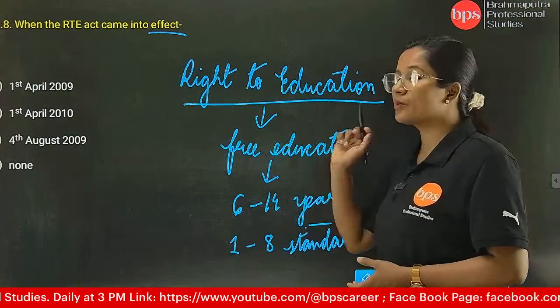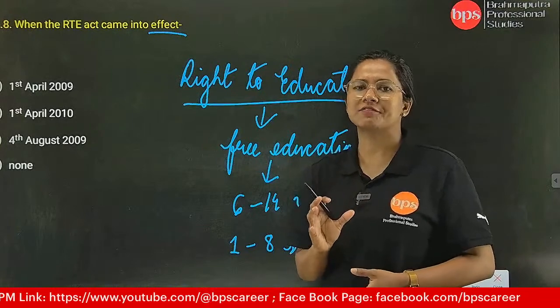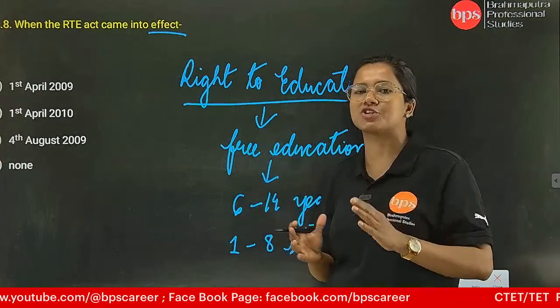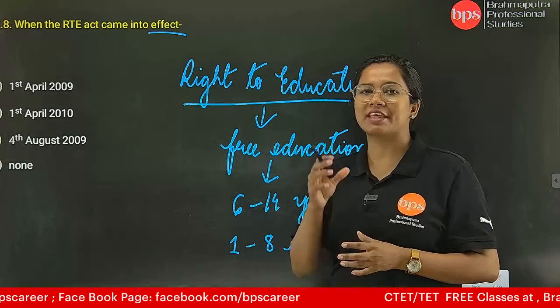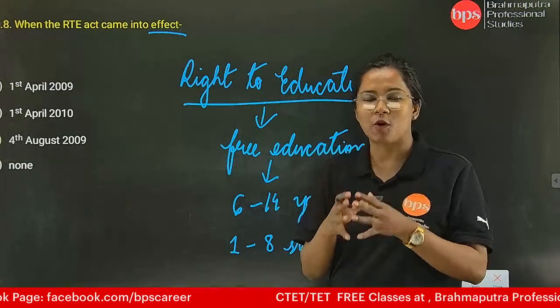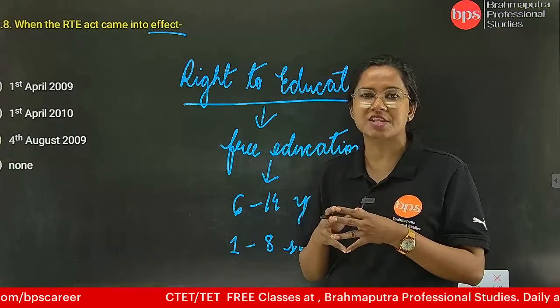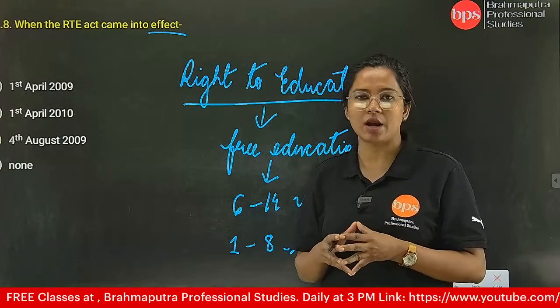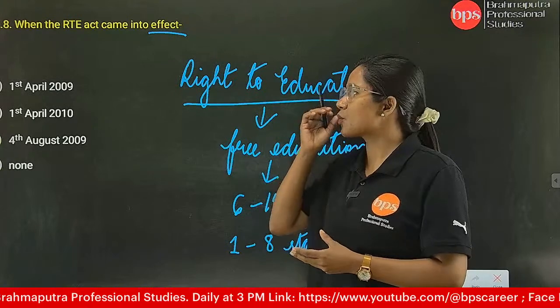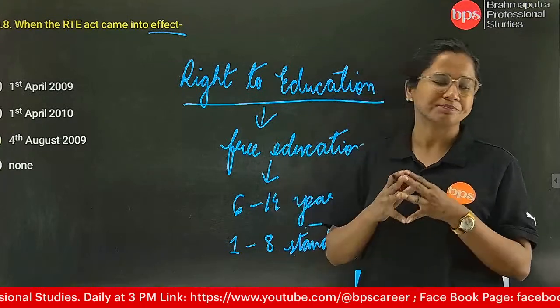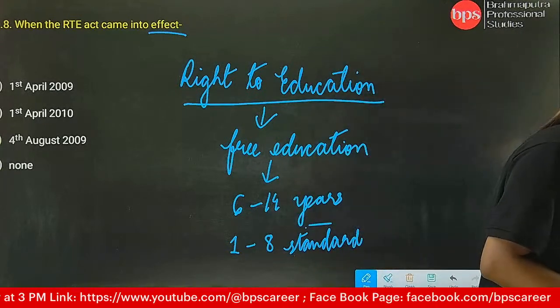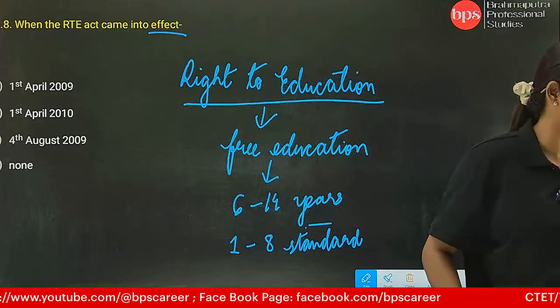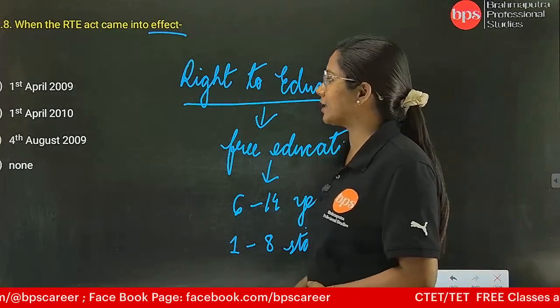Now, we need to remember these kinds of things which are related to education. We need to remember their dates, when they were launched or proposed and when they came into actual effect in our society. Okay, so when we speak about the launching, it was proposed in 2009.